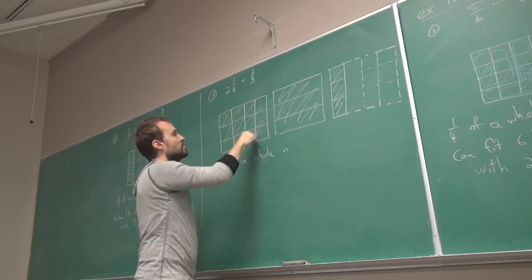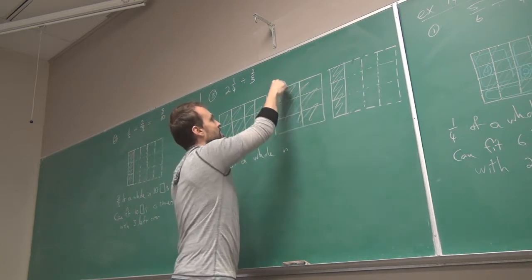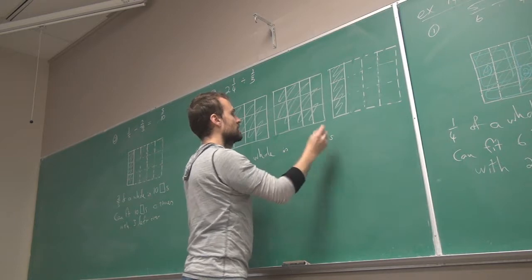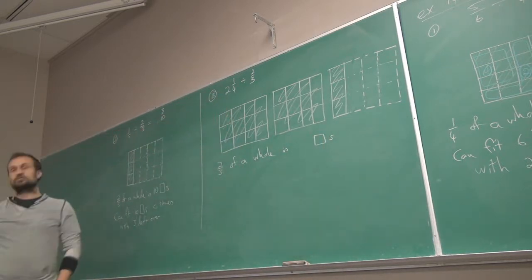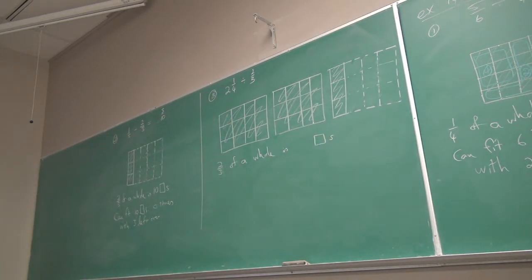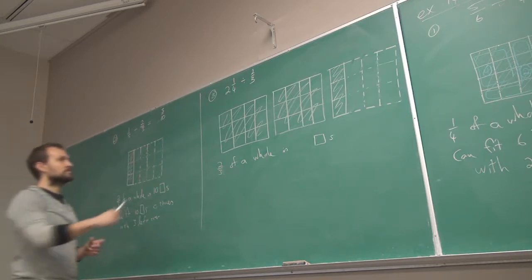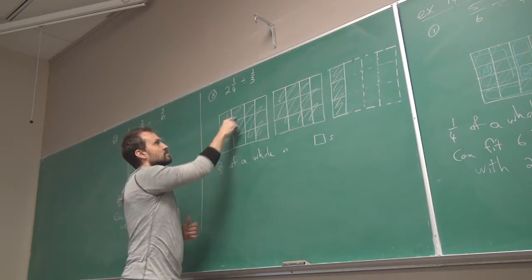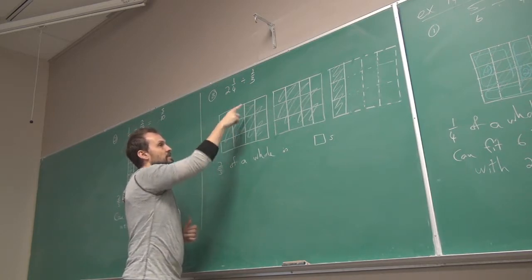So I can see all the same kind of piece, little square. So how many squares correspond to 2/3? 8. Only 8, because 2/3 is 2/3 of a single whole rectangle. So 2 rows out of 3, 8.